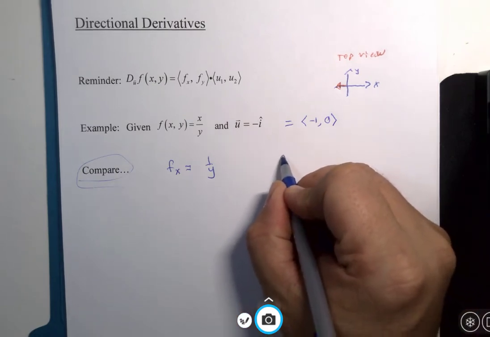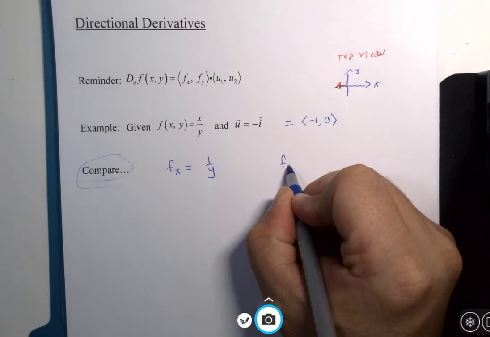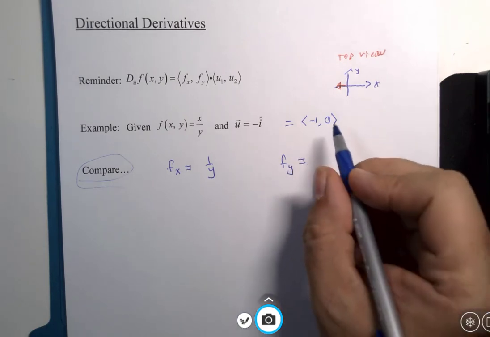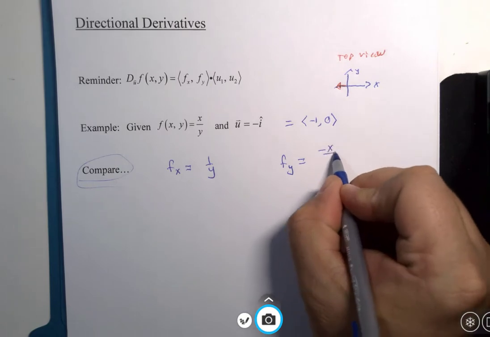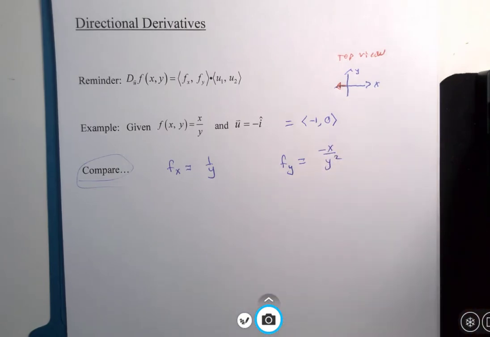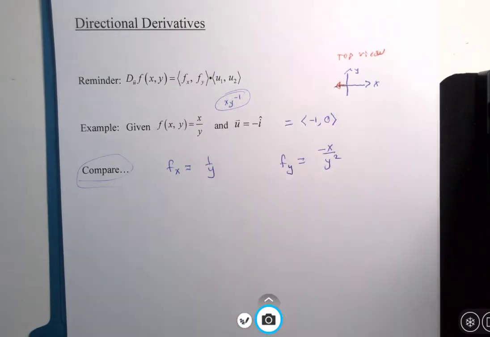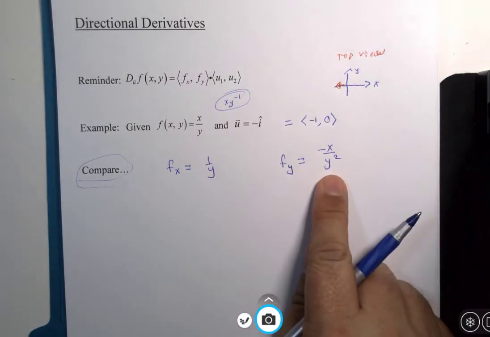The y partial derivative is going to be -x over y squared, and if that was too fast, let's look at x times y to the -1 and do a power rule. You'll be here in no time.